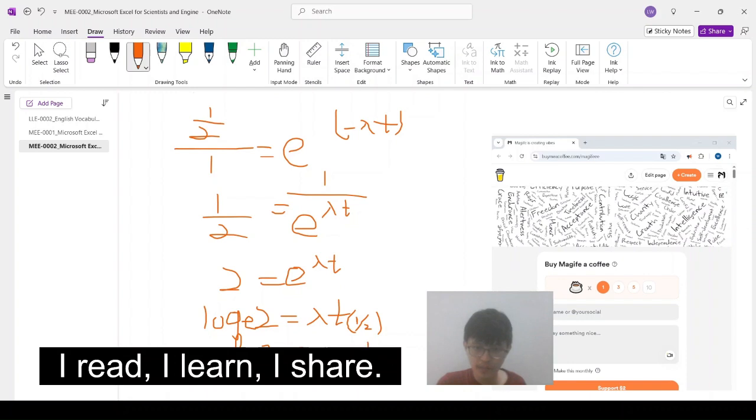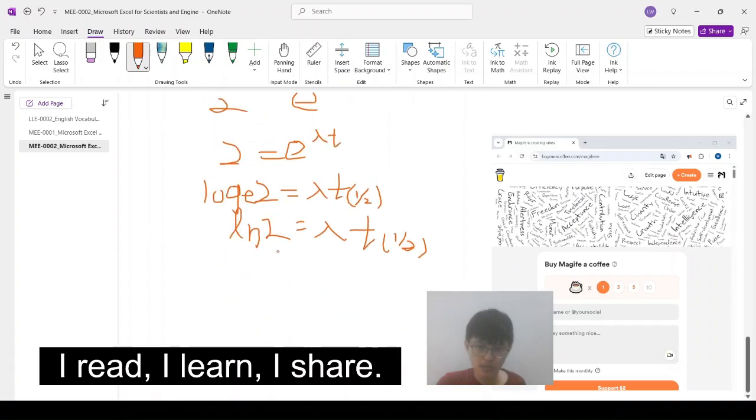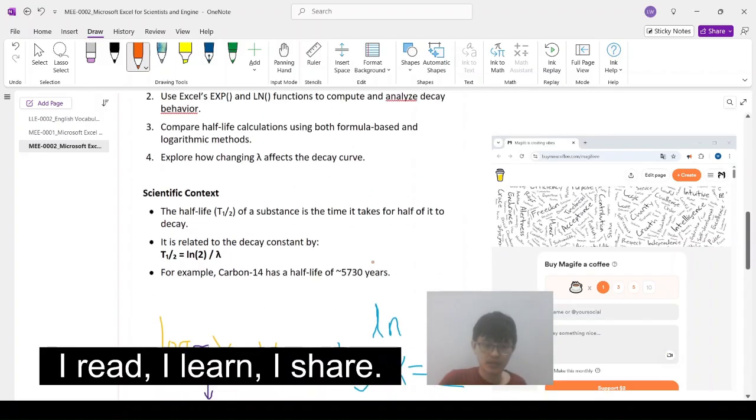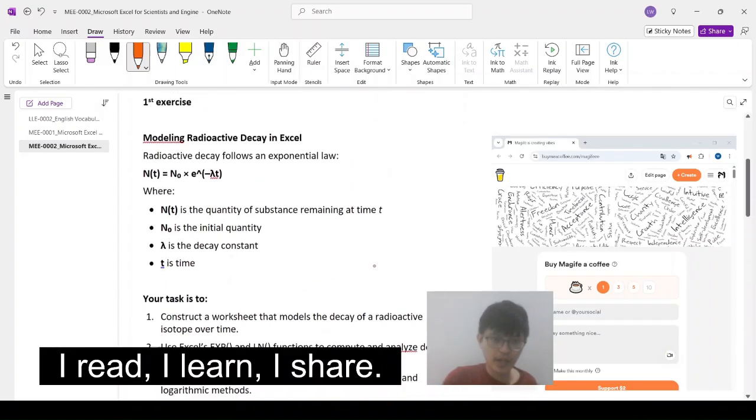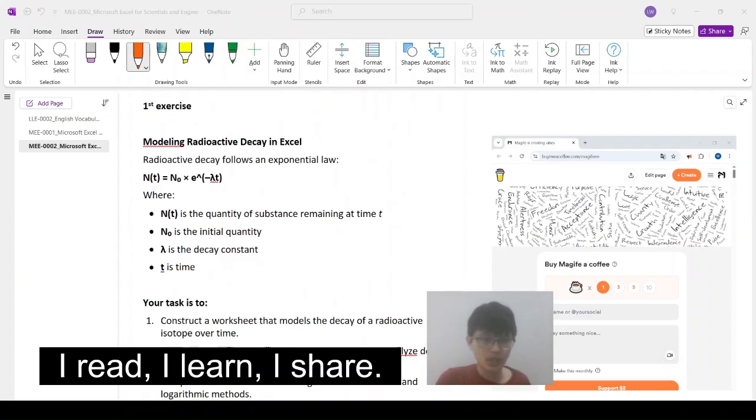So the time for 1 over 2 is basically ln 2 divided by lambda. So this is the formula of the half-life. Okay, now let's go through to the Excel part.